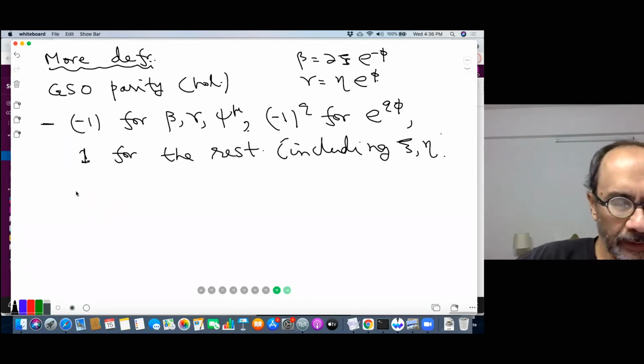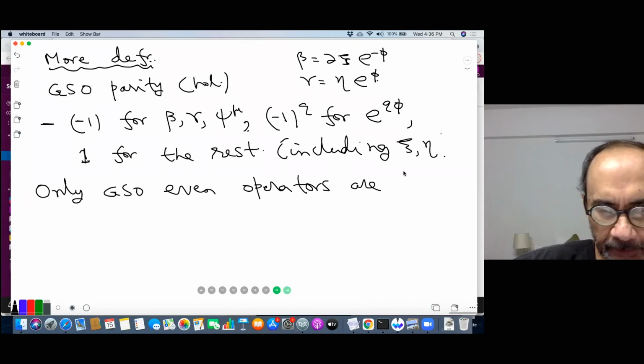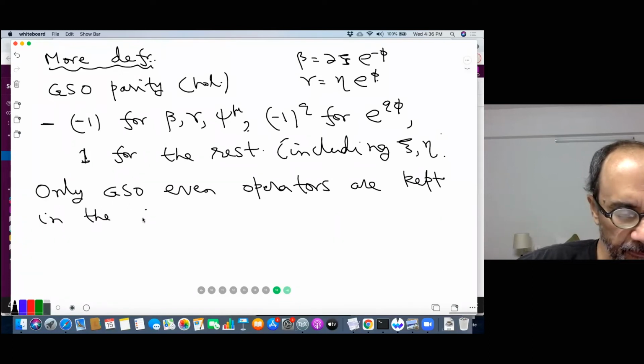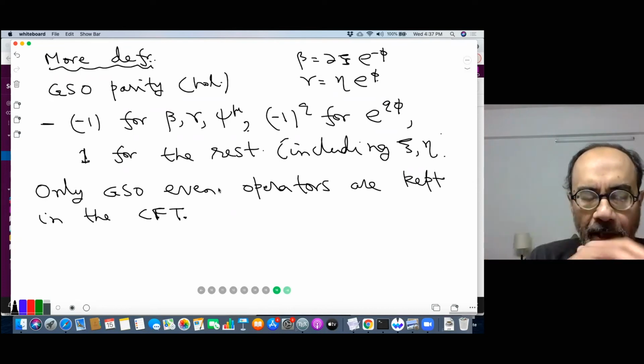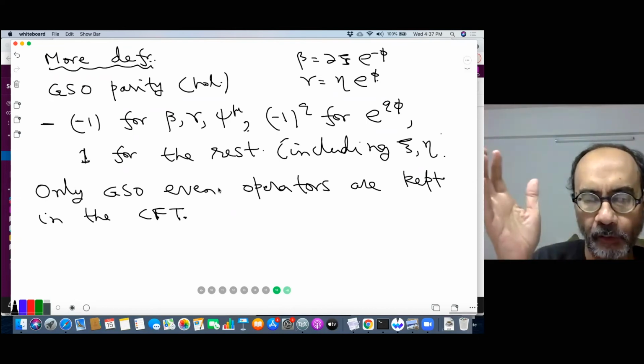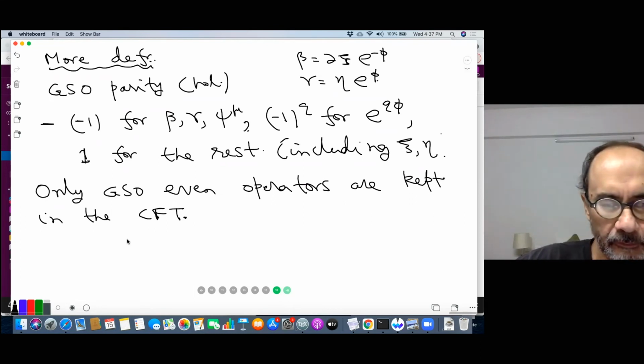Now an important statement. Only GSO even operators are kept in the CFT. The GSO odd operators are there, sometimes they are useful, but we are not going to keep them as valid operators in the conformal field theory.